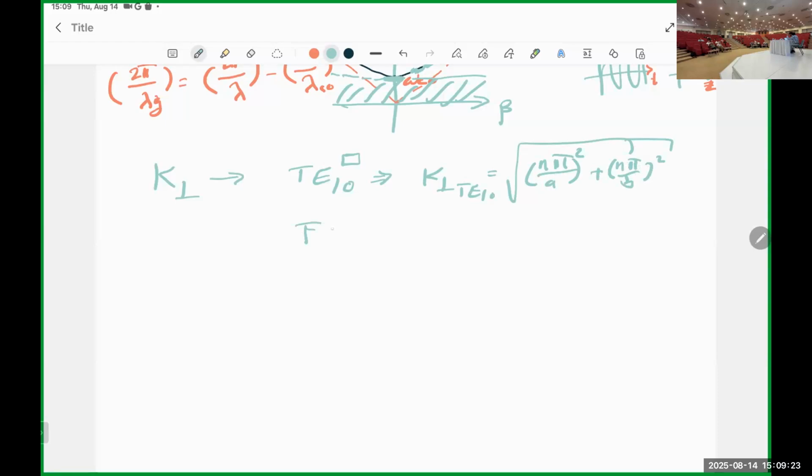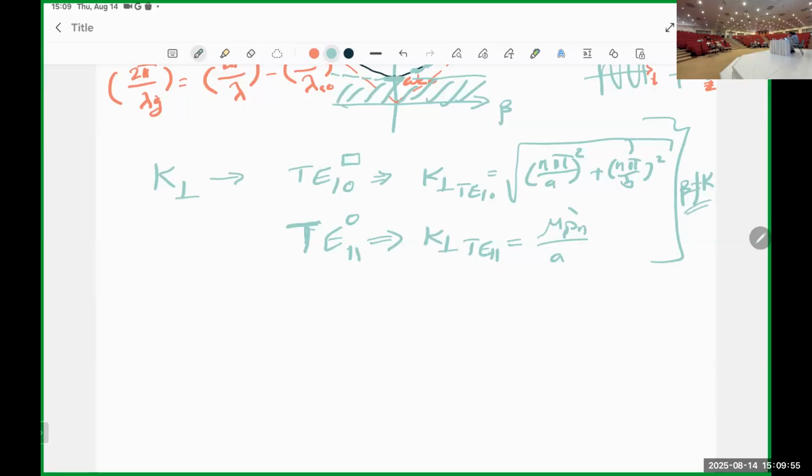And for the fundamental mode of a circular waveguide, it involves some Bessel function roots, or roots of the derivative of the Bessel function, right? And for these cases, we have beta does not equal k. This needs to be remembered all the time.